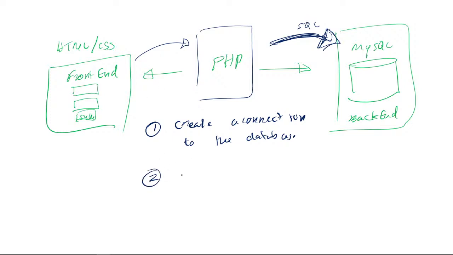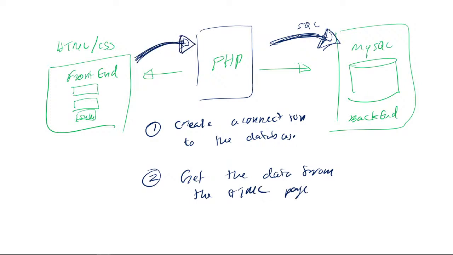The second one is to get the data from the HTML page. So the path is open and the data is taken. Now we have to send the taken data through the created connection.